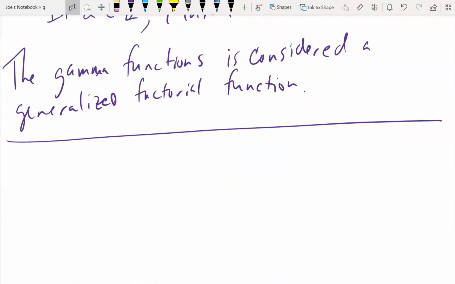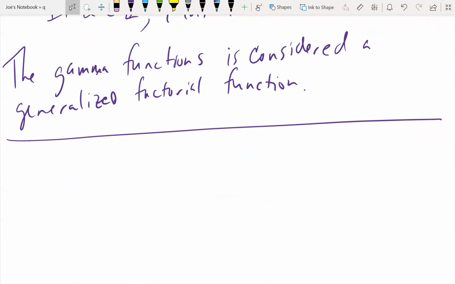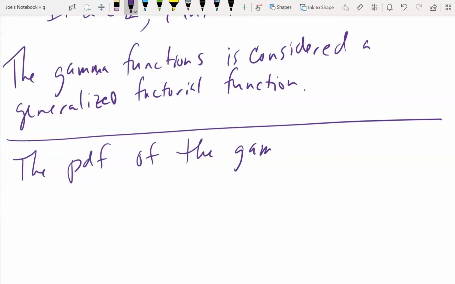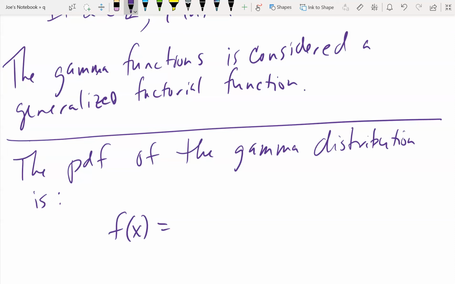So what we say is that the PDF of the gamma distribution is, we'll say f of x. On top, we'll have an x to the alpha minus 1.